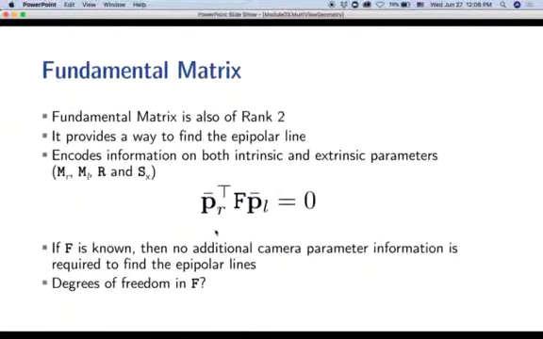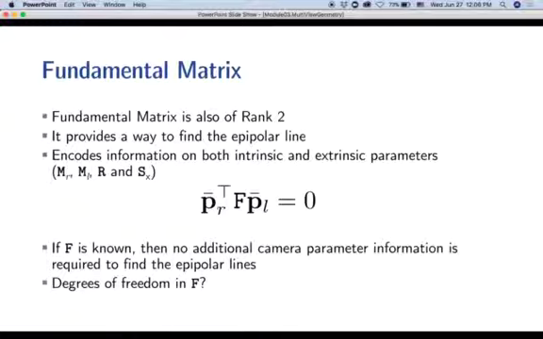Like I described some of the properties of the essential matrix, here's an equivalent slide for the fundamental matrix. The fundamental matrix is also of rank 2. No surprise here. It gives me a way to find the epipolar line in pixel coordinates.